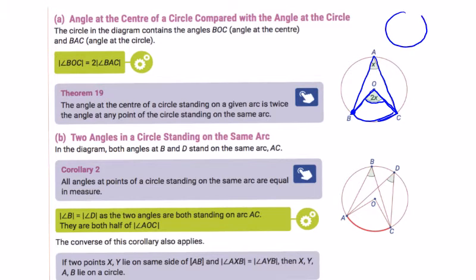A nice simple explanation of this is, if we have a diameter, let's do an angle standing on the same arc from there to there. If a diameter is 180, what does that make the angle standing on the arc? It makes it 90.